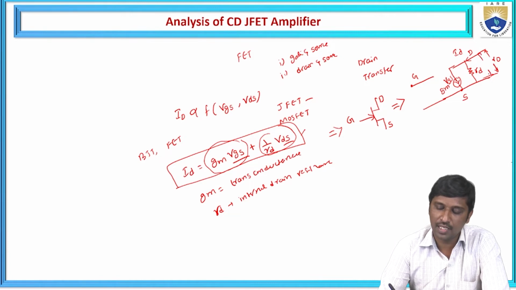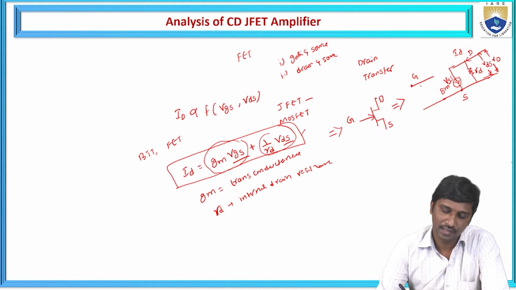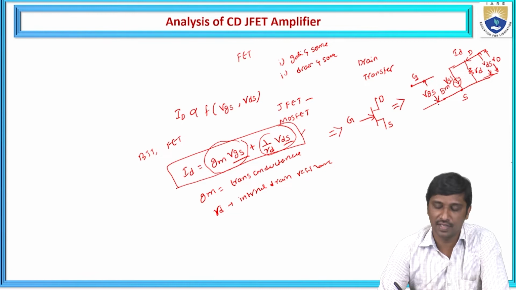In between these two terminals, we have the potential difference between drain and source, represented as VDS. Similarly, on the input side, the potential difference between the gate terminal and the source terminal is represented as VGS.